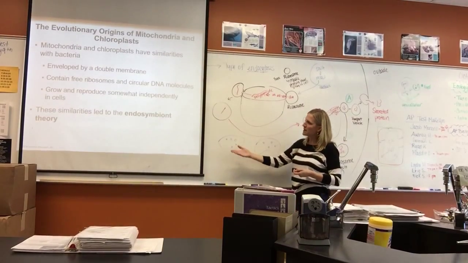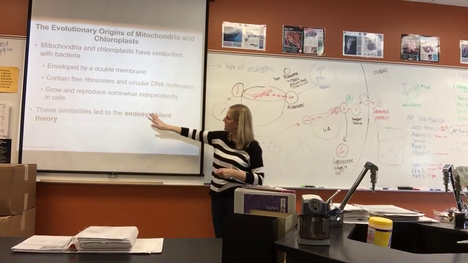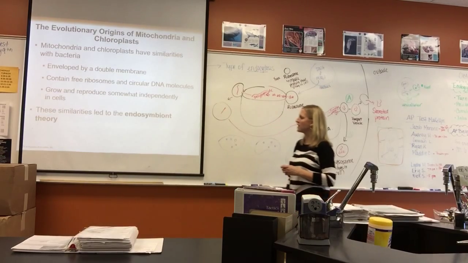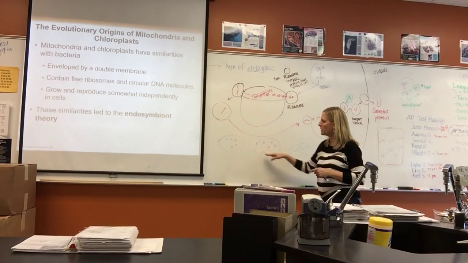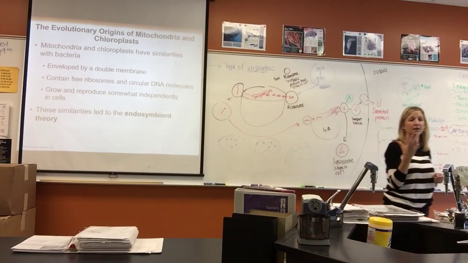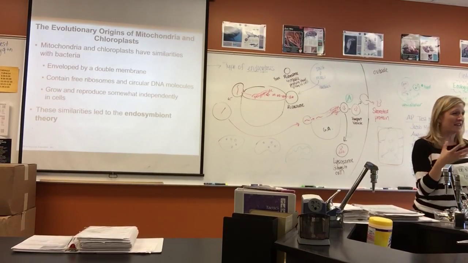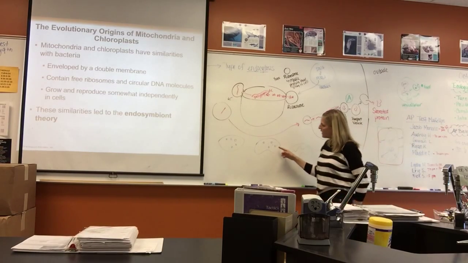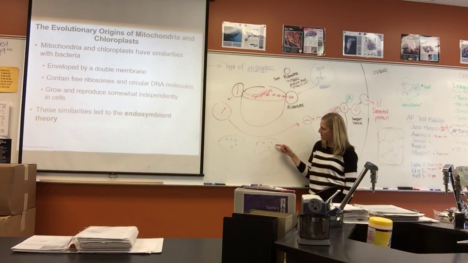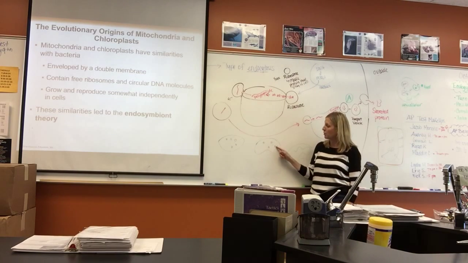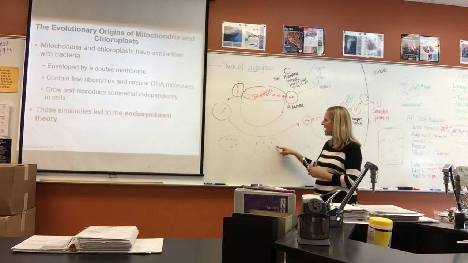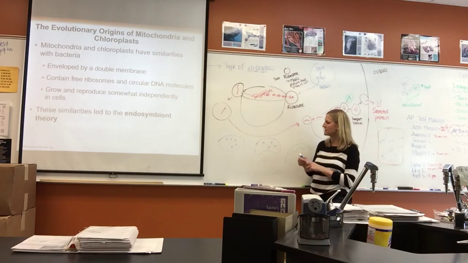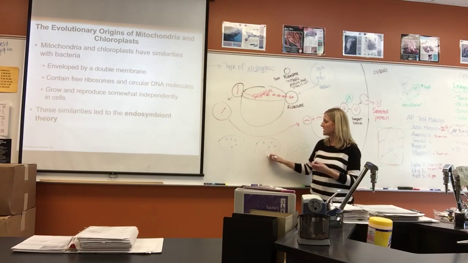So this woman, her name was Lynn Margulis, came up with this endosymbiont theory because she thought the chloroplasts and the mitochondria are kind of unique. They're the only organelles that have their own DNA and their own ribosomes. In studying them, we found that the DNA they have, the genes in these circular pieces of DNA, remember genes code for making proteins, and they have ribosomes to make their proteins. So the mitochondria actually makes its own proteins that are involved in what happens there, which is cellular respiration.